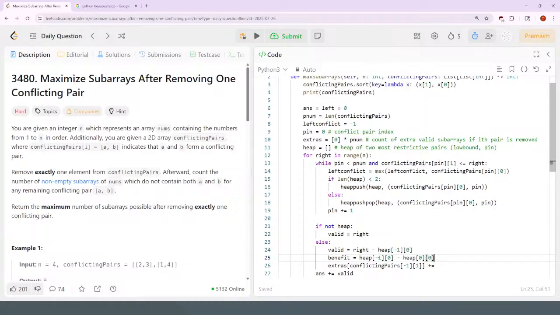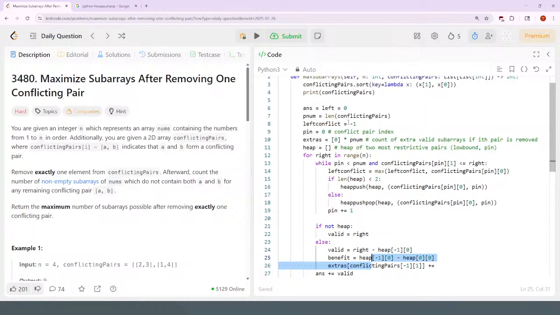So the outermost restriction minus the innermost restriction, the difference between the left bounds of them. But there might not be enough of them, I guess.